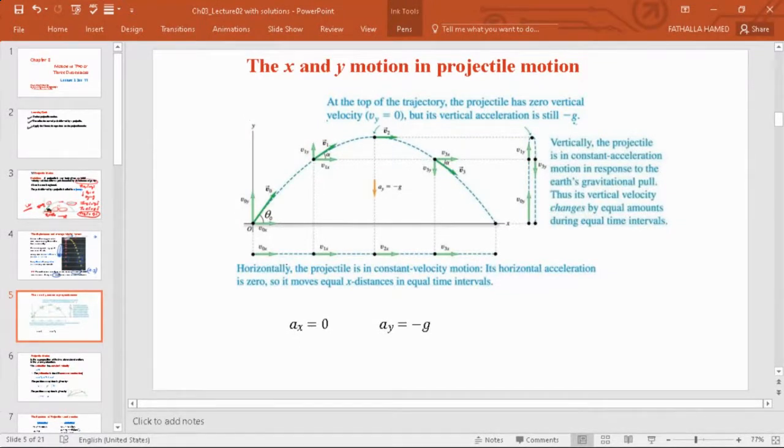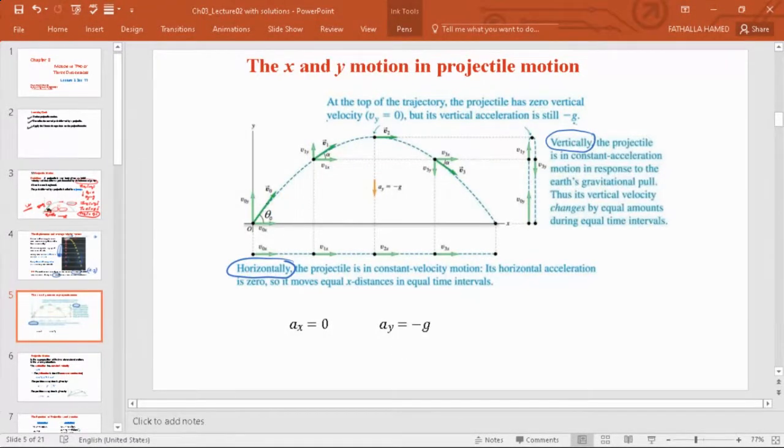Okay, so you have here what we call horizontally, that's the x, and what we have here vertically, that's the y. So you project something this way at an angle theta 0, and we say here velocity v0.